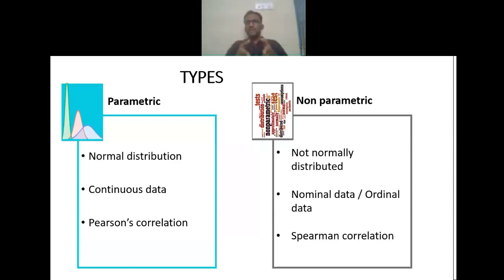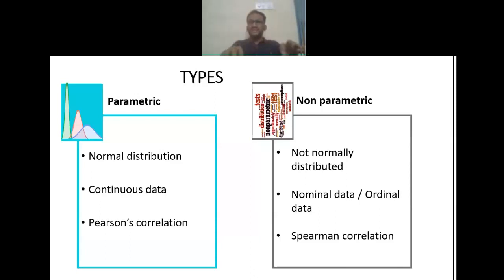Or if you are classifying the BBS score into three types, like low fall risk, medium fall risk, and higher fall risk, it is ordinal data, and in these types we can consider Spearman correlation. Also, if you had taken a total score of BBS or something like height, weight, etc., which is continuous data, but it is not normally distributed, then also we have to do Spearman correlation.